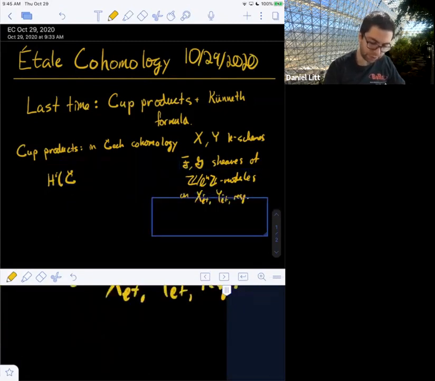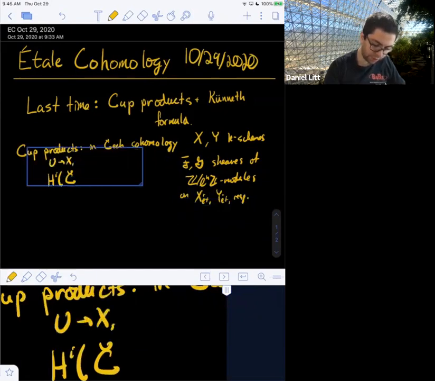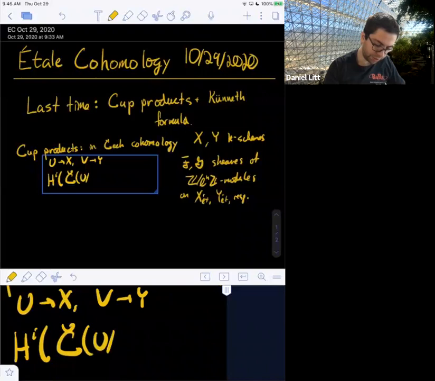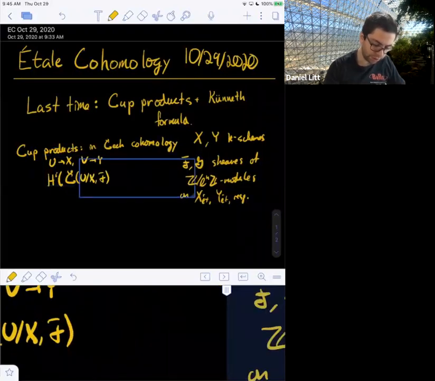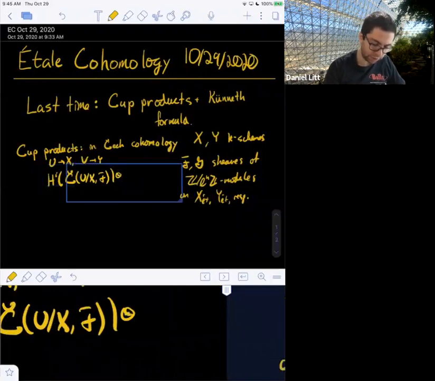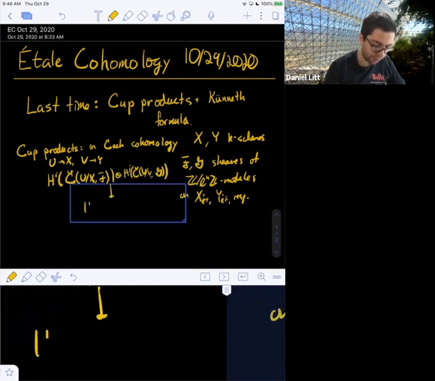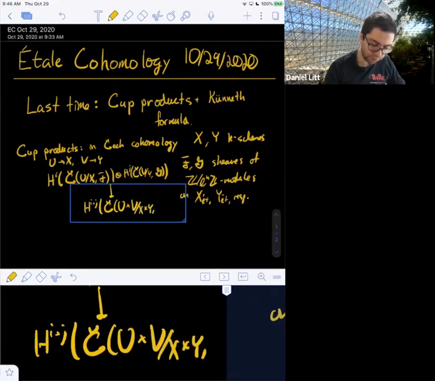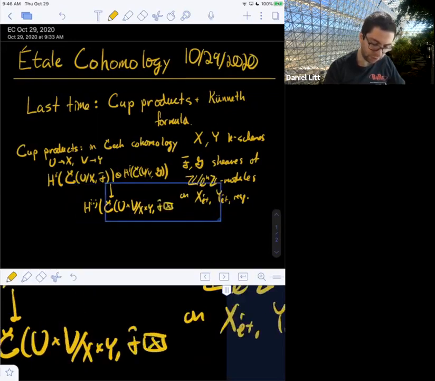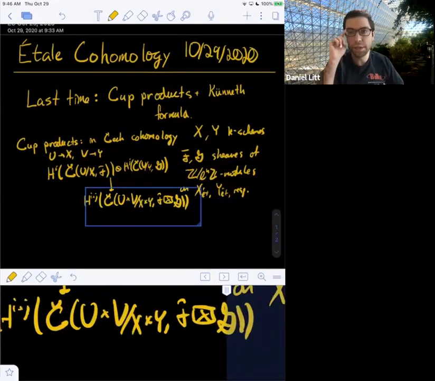So then, given a cover U to X and V to Y, we can take the Čech complex of U over X with coefficients in F, take its cohomology, and tensor that with H^j of the Čech complex of V over Y, G. And then my claim is that there's a map to H^(i+j) of the Čech complex of U cross V over X cross Y, and then I'll write just F box tensor G. So this box tensor means you pull back along one of the projections and pull back along the other projection and then tensor them together.